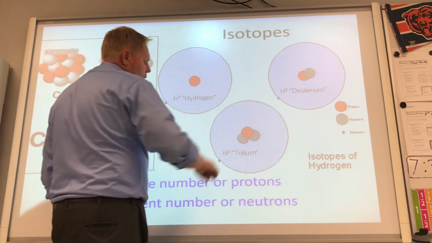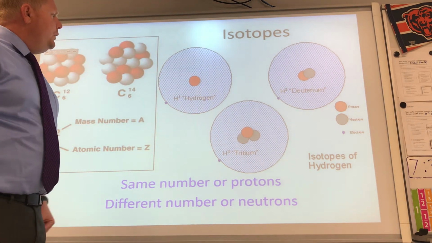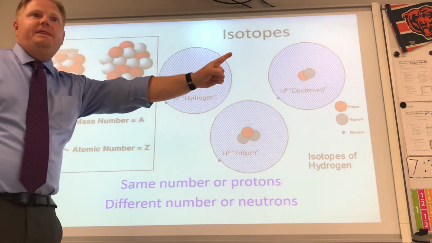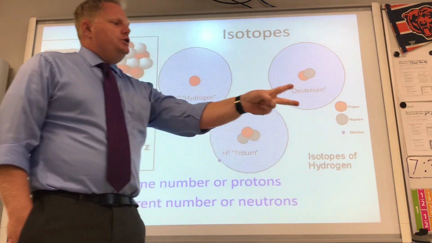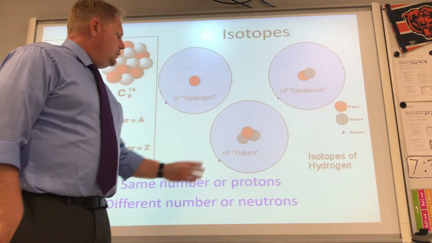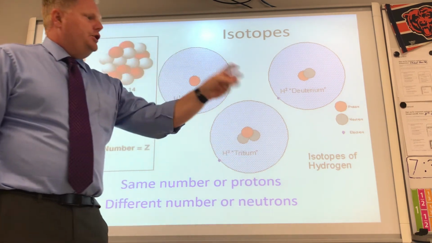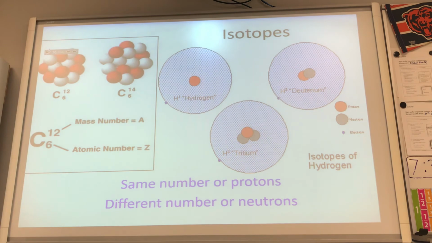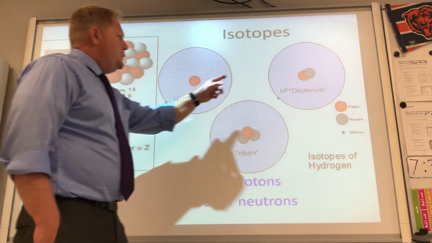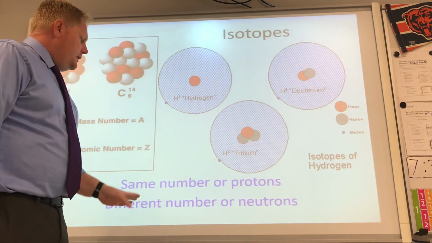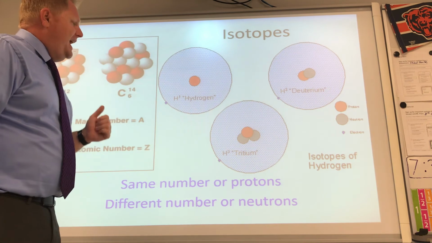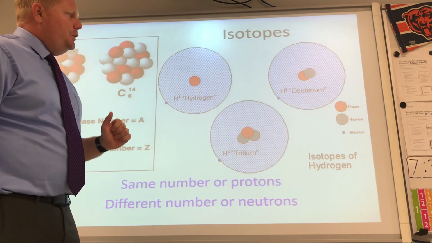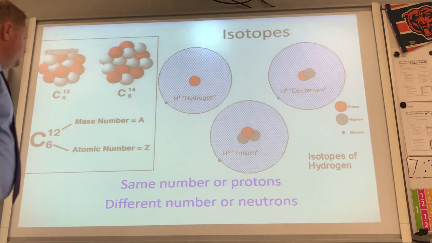And this hydrogen has two. We call this one hydrogen 1 because there's one thing in the nucleus. Call this hydrogen 2 because there's two things in the nucleus. We call this hydrogen 3 because there's three things in the nucleus. All right. So they all have the same number of protons, 1. They're all hydrogen. But a different number of neutrons, so they're different isotopes. Same protons, but different number of neutrons.